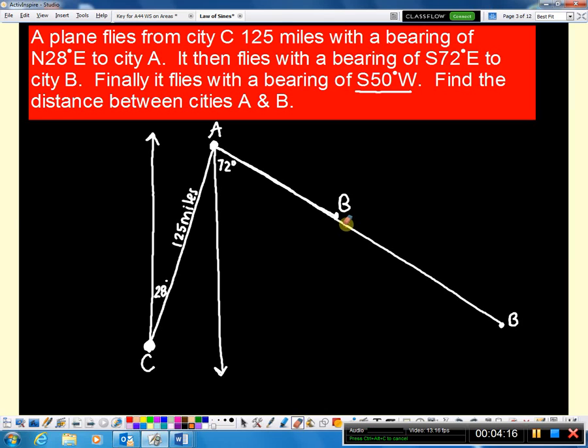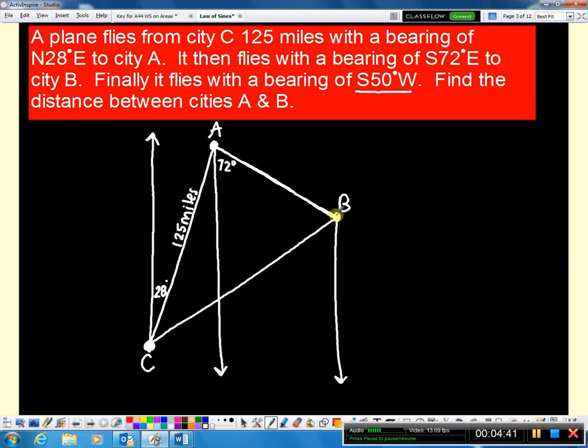If it needs to continue to fly south to get from B to C, then as long as you've got city B situated to the north of city C, not directly north, but somewhere north of city C, you're okay. Because here's what I know. It flies with a bearing of south 50 degrees, so 50 degrees to the west of this southern line.